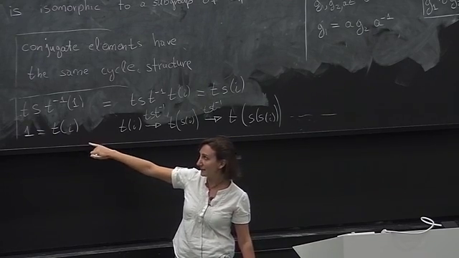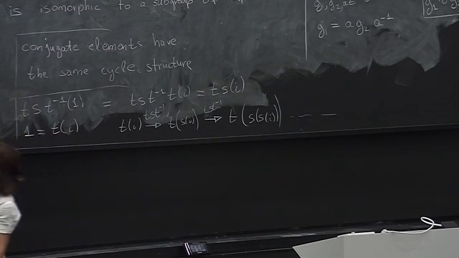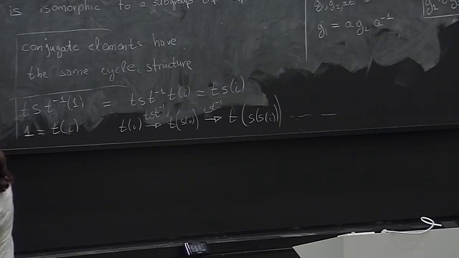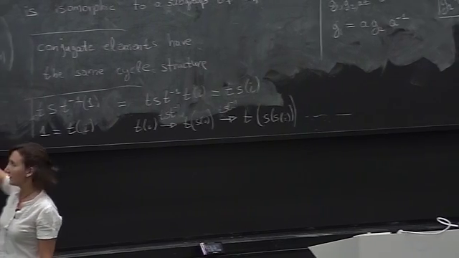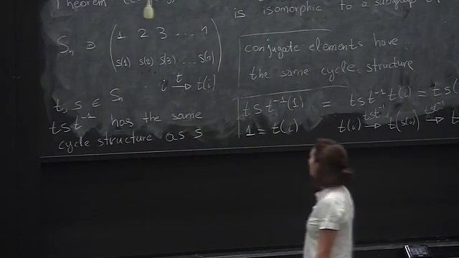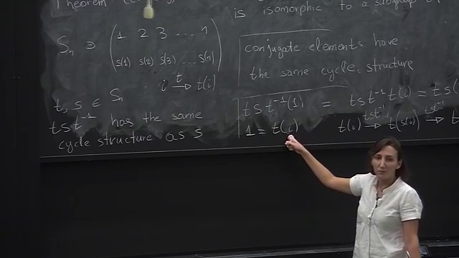What is T of I? In this notation, when T acts on any element I, where I is any number between 1 and n, T, which is some element of Sn, takes I to T of I, which will be some number.